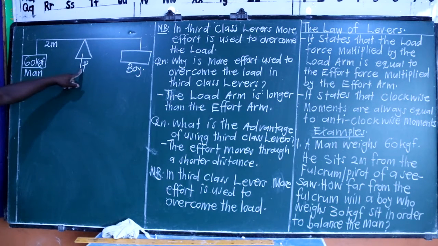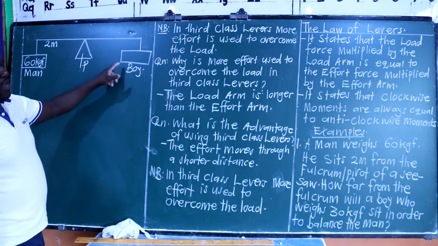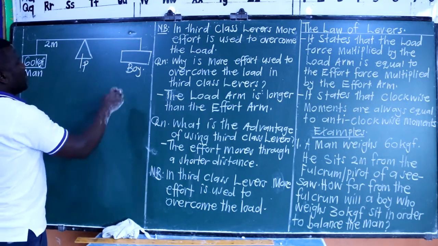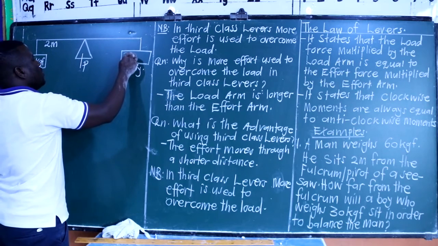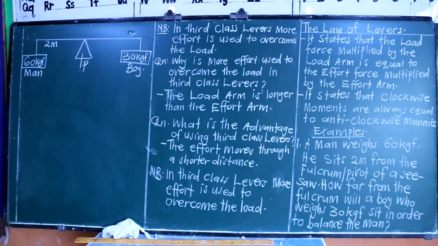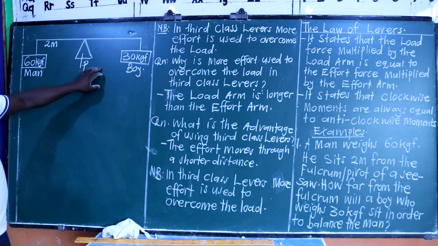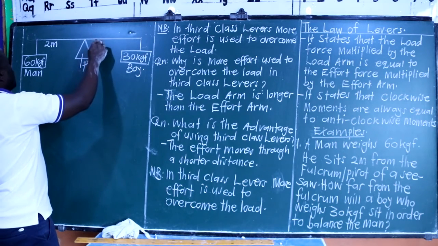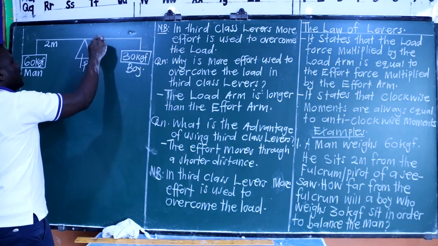How far from the pivot will a boy who weighs 30 kilogram force sit in order to balance the man? So this boy, how far?